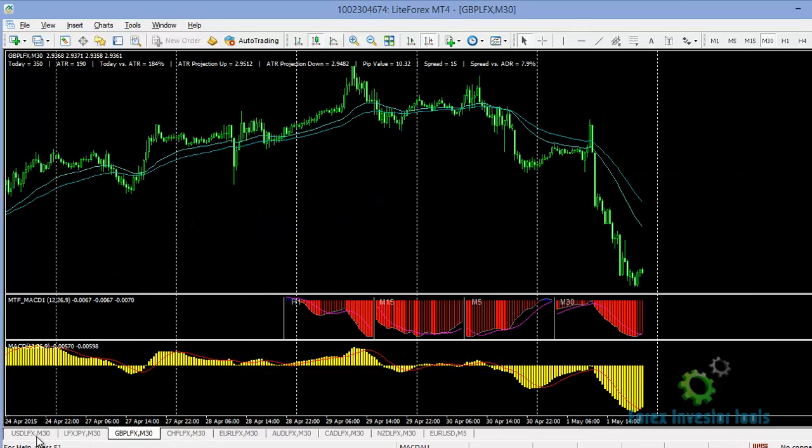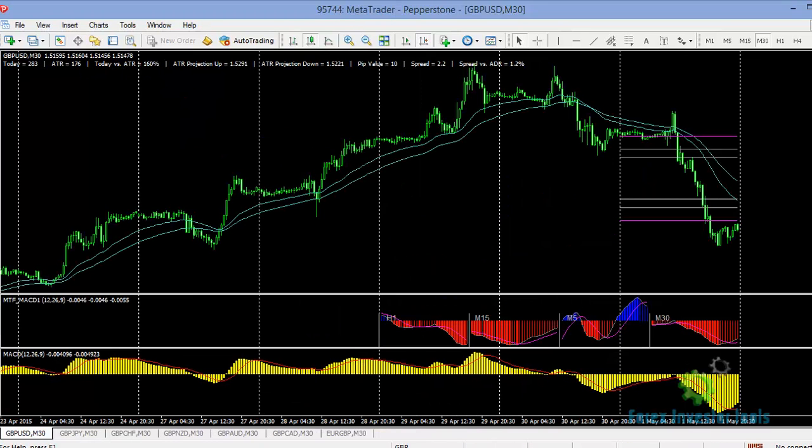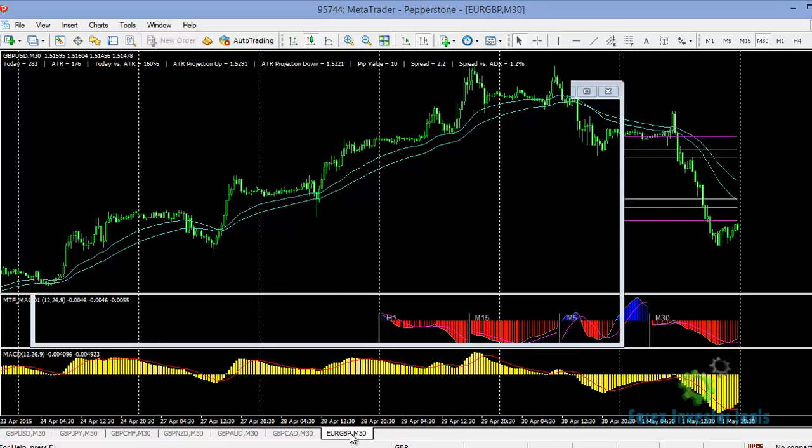You can go back to see what the dollar is doing. Now this last step is just to add a little more strength to your trade. But this is how you come down to actually determine which pair you would want to trade.